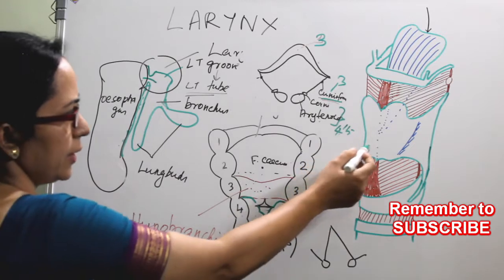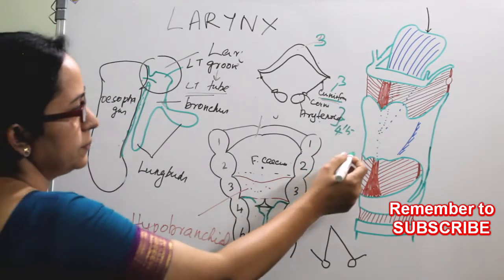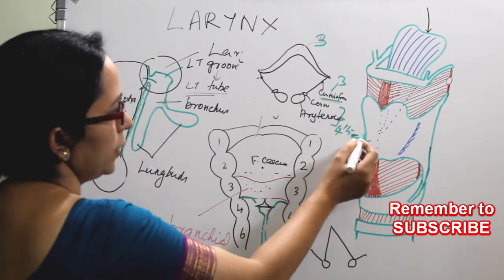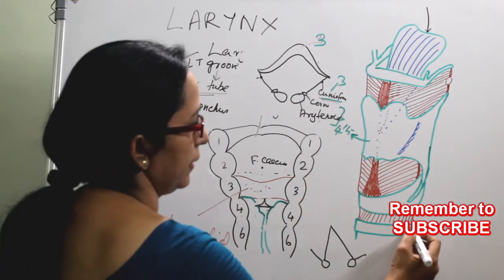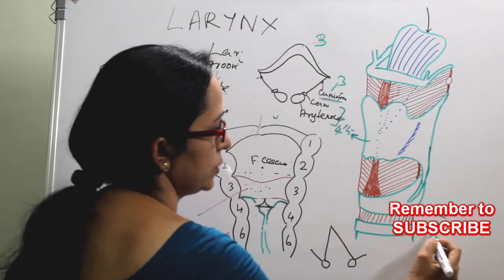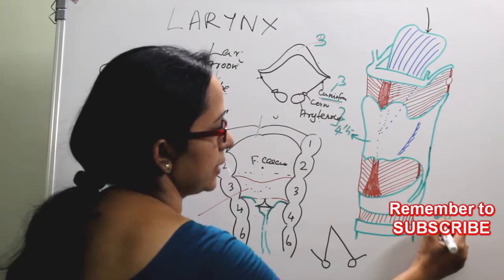And the thyroid cartilage developed from the 4th also. Thyroid is from the 4th, and the more caudal cricoid and trachea are from the 6th arch.